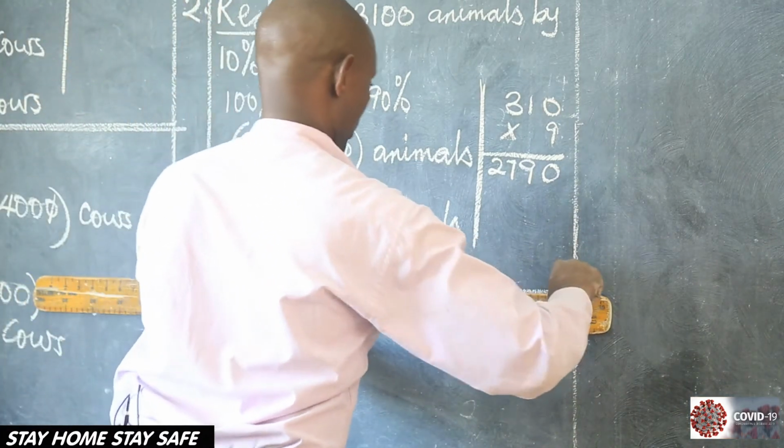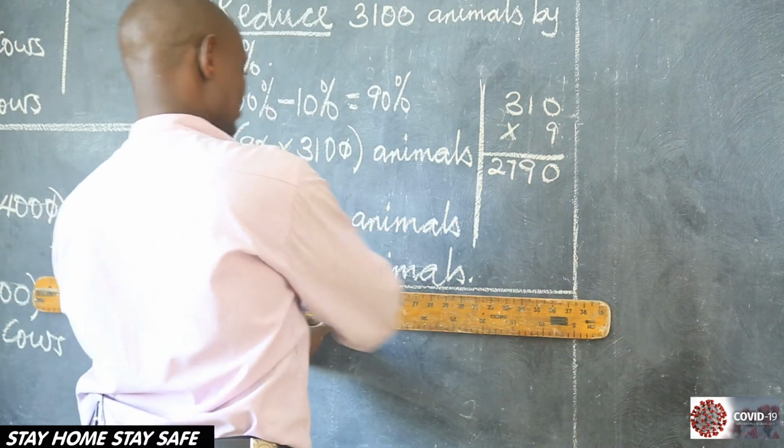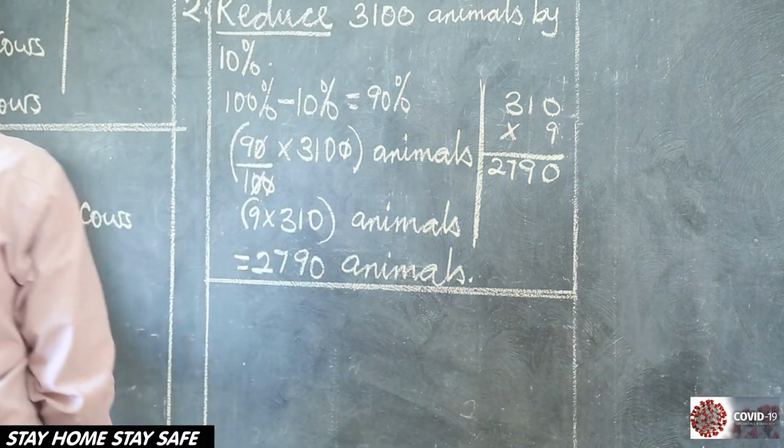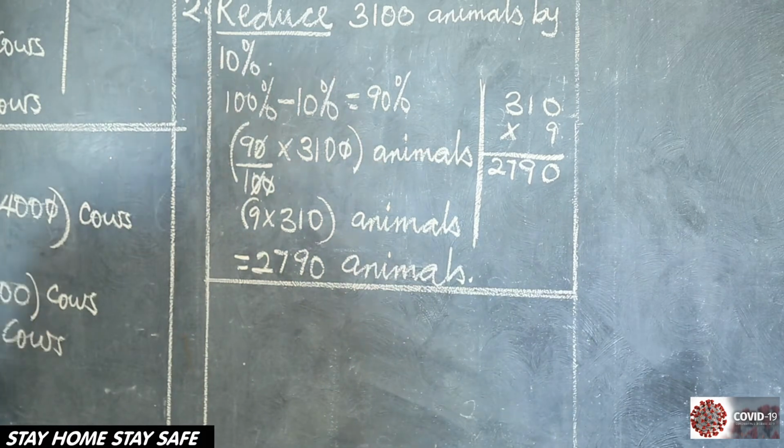Now, the same questions may be set in word problems, whereby we give you very many words and want you to read and find out what you are supposed to do.